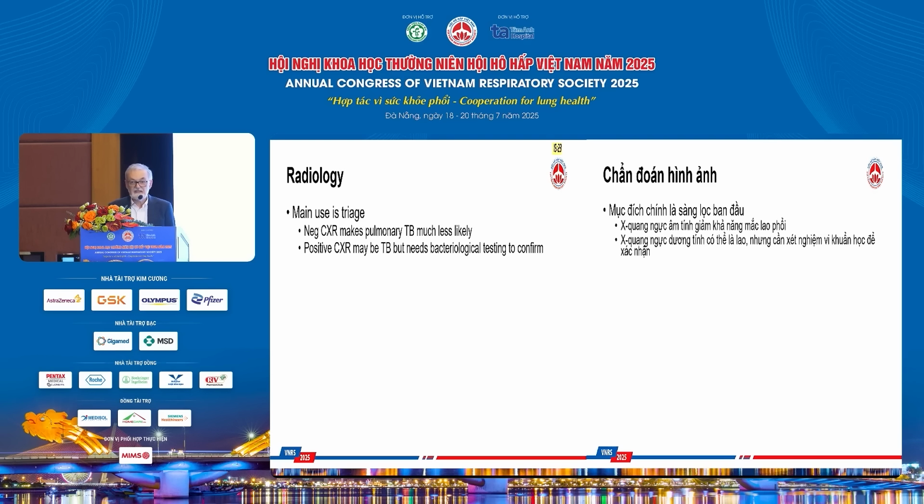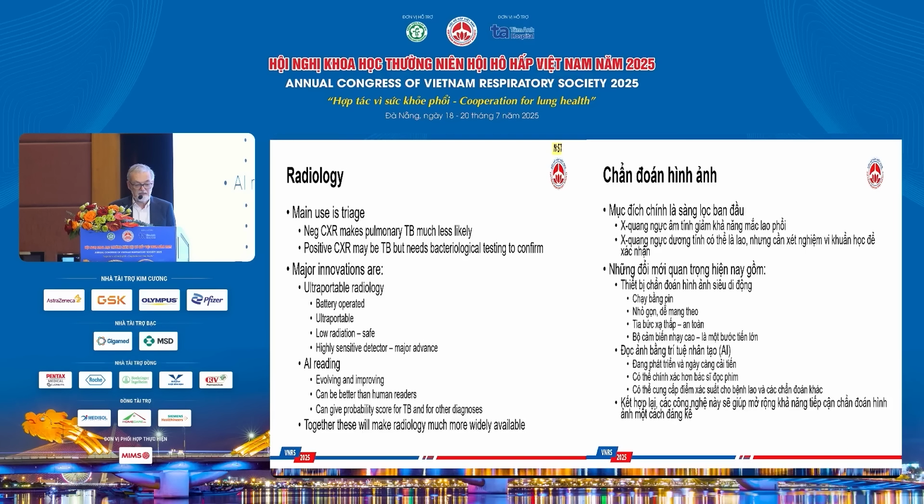The abnormal X-ray is due to some other cause, or it's due to TB that they had many years ago and healed itself, and they have another cause for their breathlessness. So you should not assume that an abnormal chest X-ray means that the person definitely has TB as the cause for their symptoms. You need to confirm or refute that diagnosis with a microbiological test.